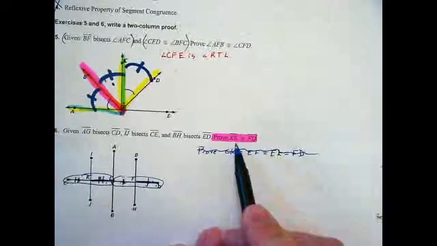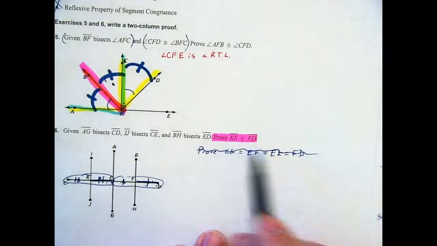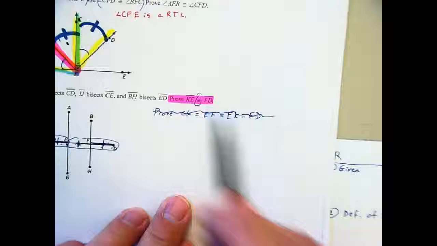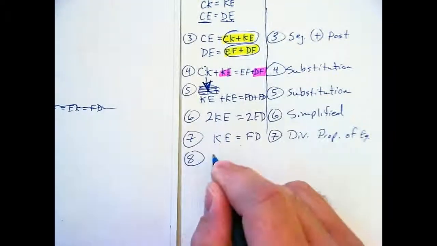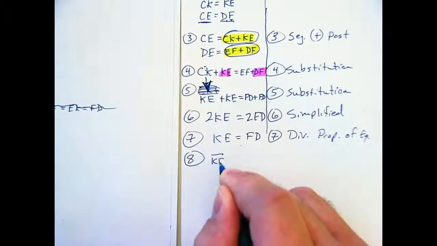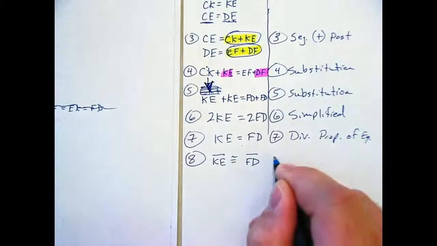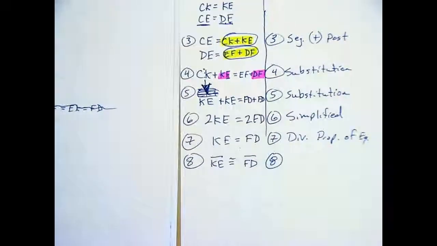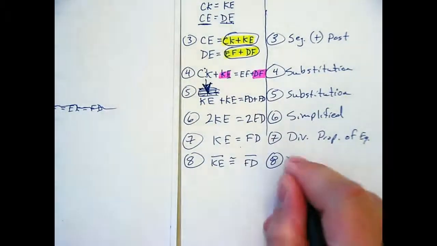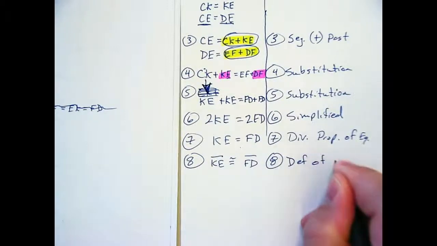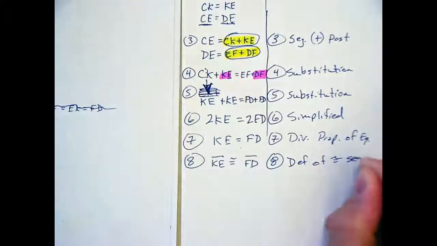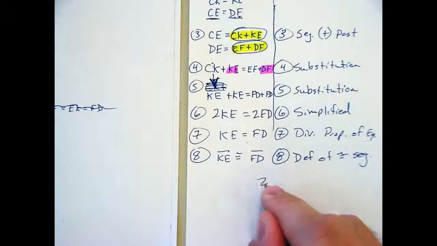This is talking about a picture. The congruent symbol is the picture. So we need to make one more statement, technically, and say, okay, KE is congruent to FD. And that's the definition of congruent segments. That way it's exactly what they wanted there.